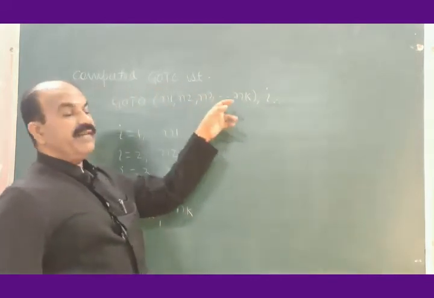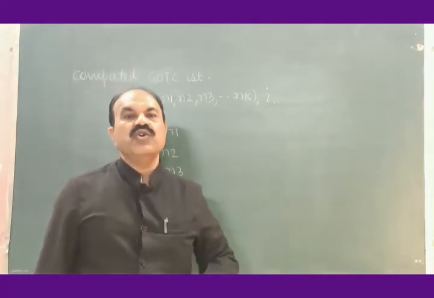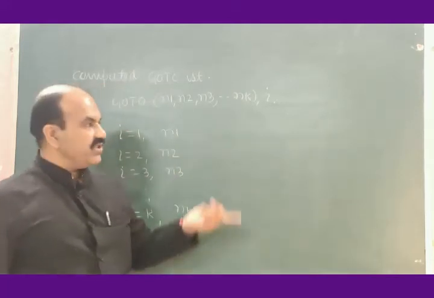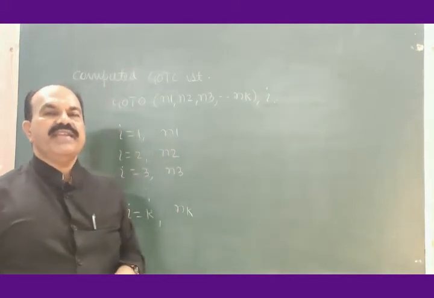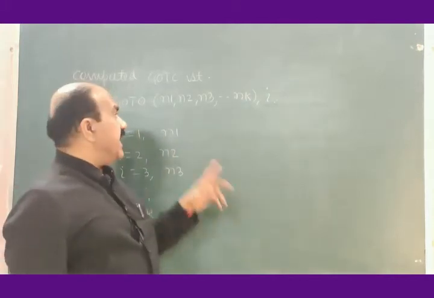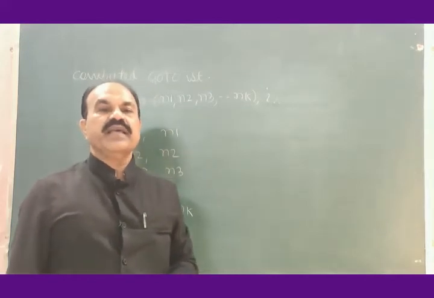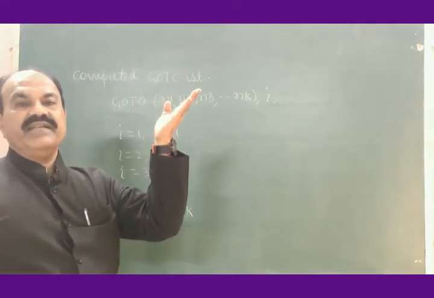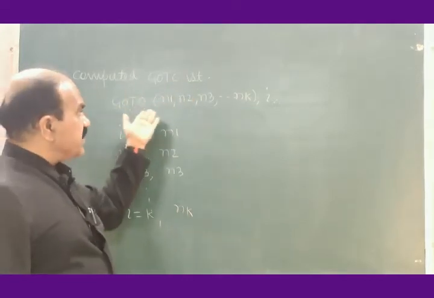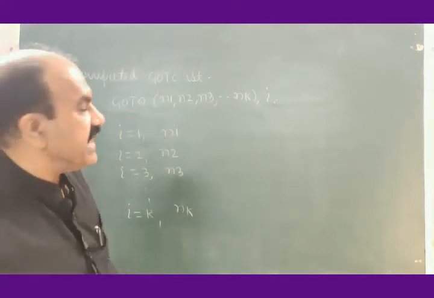These are the statement numbers of those statements where the control is to be transferred depending on the value of the variable I, and therefore this goto statement is known as the computed goto statement.